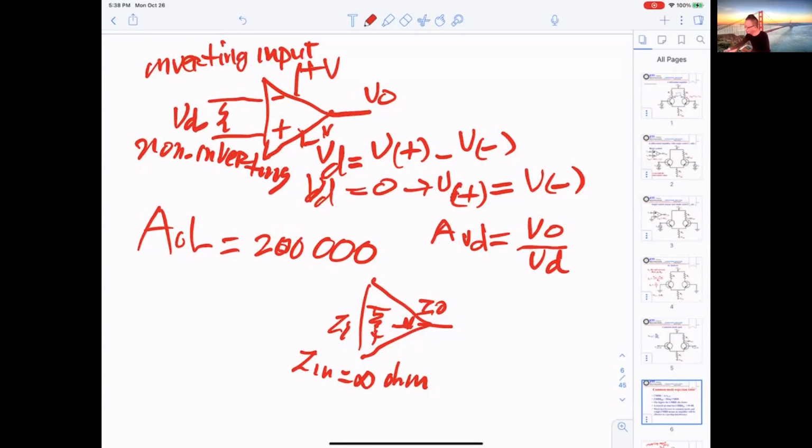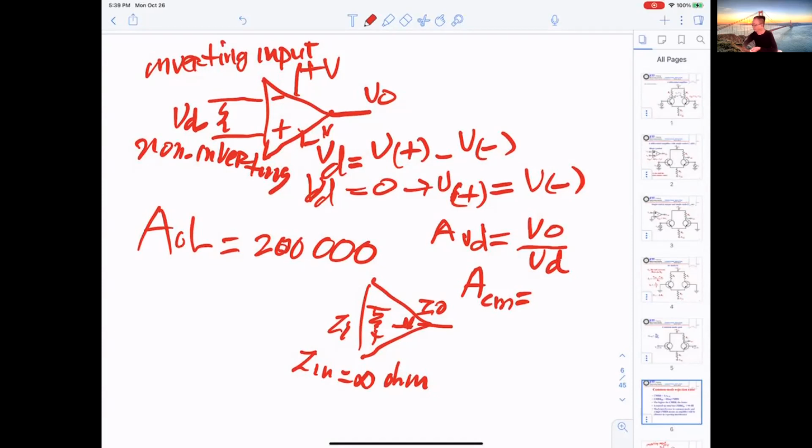And you can also get another one, ACM. What is the ACM? Common mode voltage gain.